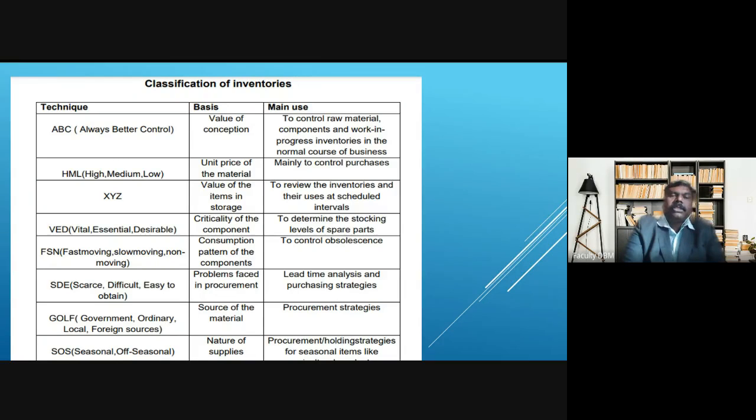So this is the classification of items. This is the basis when we use the particular technique that I have told. Mostly in inventory we will be using ABC, HML, XYZ, and VED. Those levels we are going to study in the next slides.